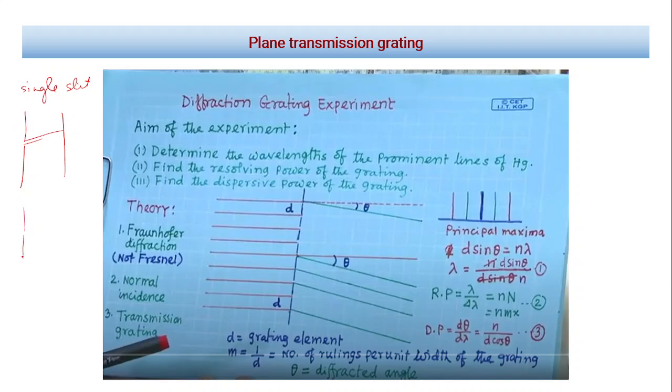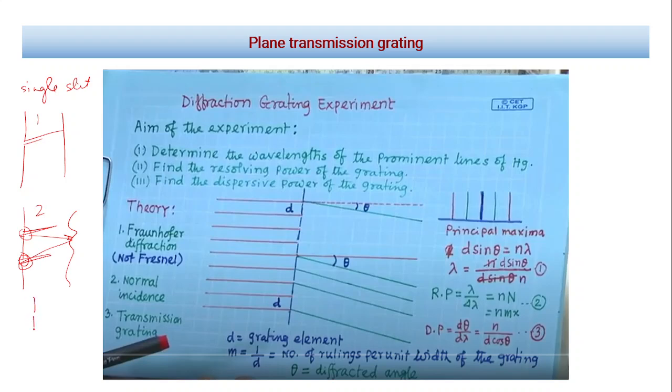If we have a slit like this where we have two openings, then from each single slit there will be diffraction. From here also there is diffraction. Also, the light coming from here and the light coming from here, if they are coherent sources, then they'll interfere as well and we'll see some kind of pattern. So this is one slit diffraction, this is two slit diffraction.